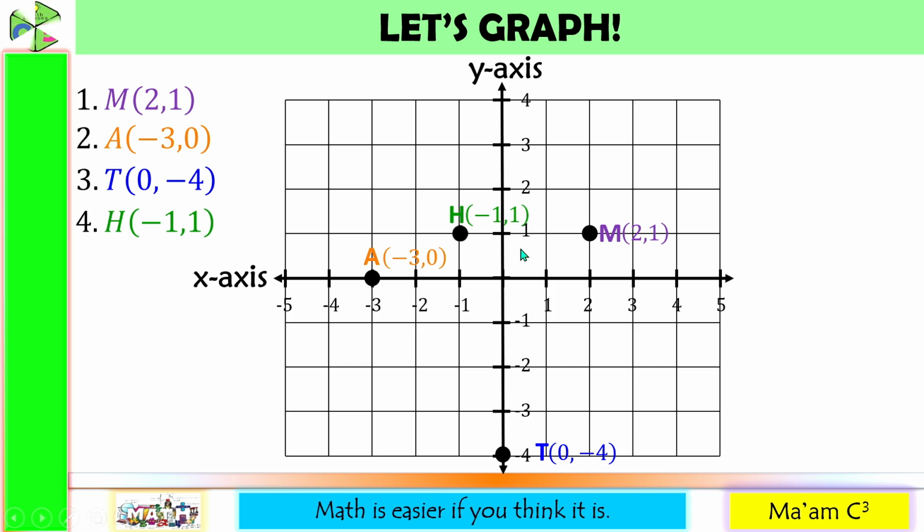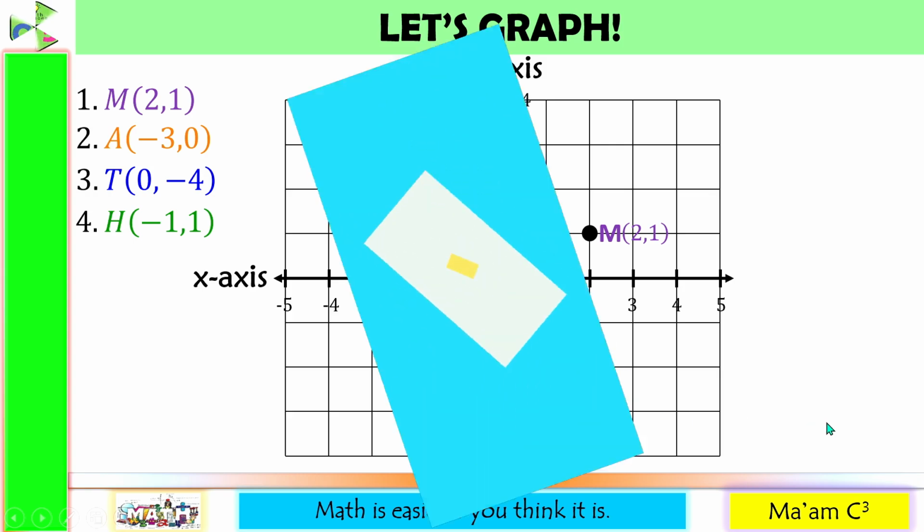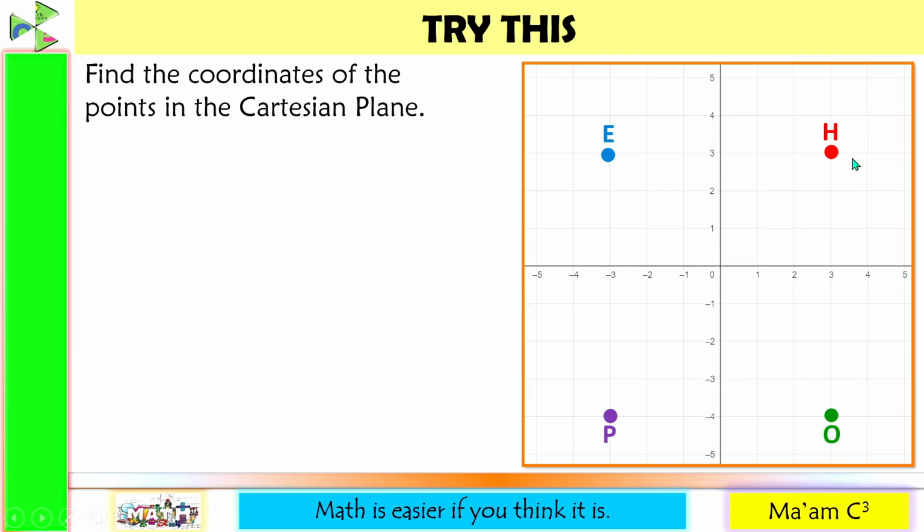Now that you already know how to plot points, let's do it the other way around. Let us try this. Given the points, we are to determine their coordinates. Let's start with this one. To know the coordinates of this point, we have to start from the origin. So from the origin to go here, we have to move to the right, and that would be 1, 2, 3, 3 units.